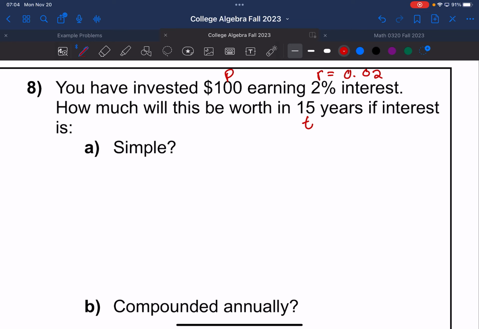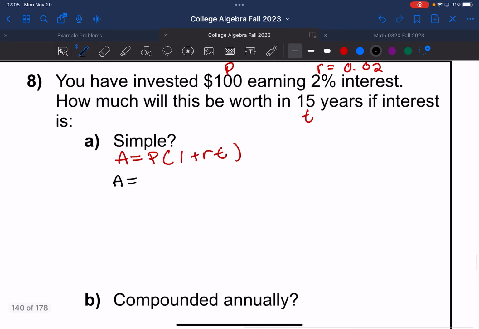So we're doing the same thing we did as the other side, using all the same formulas. So remember, our first formula for simple interest was A is equal to P times 1 plus R times T. So that's A is equal to P, which is 100, times 1 plus our rate, which was 0.02, times our time, which is 15.